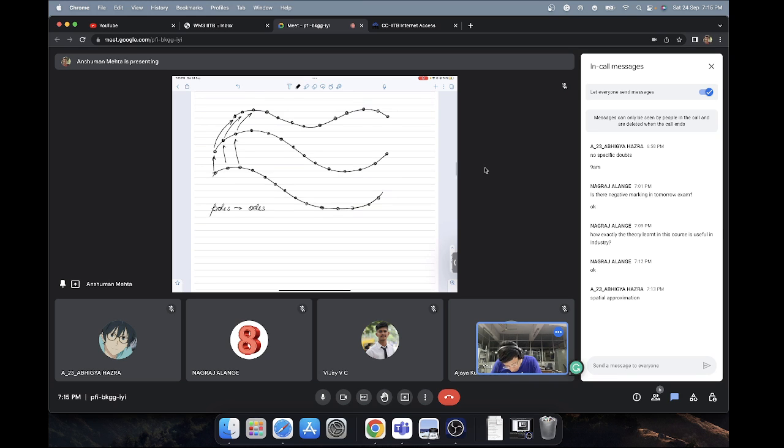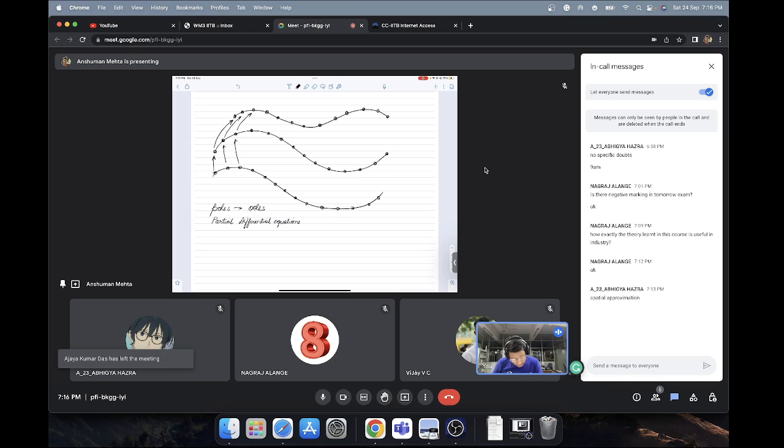So we will write: partial differential equation in space and time converts into an ordinary differential equation in just time, because we have described the space.